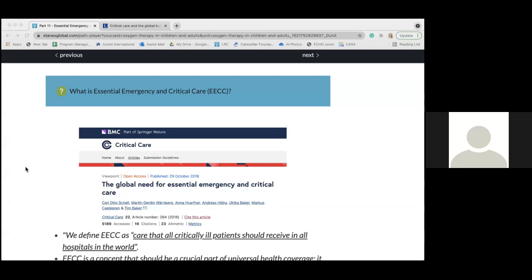There's a very important article that has explained in detail what this element is all about, and I would like to encourage all our participants to refer to this article to have a deeper understanding of what essential emergency and critical care processes involve.